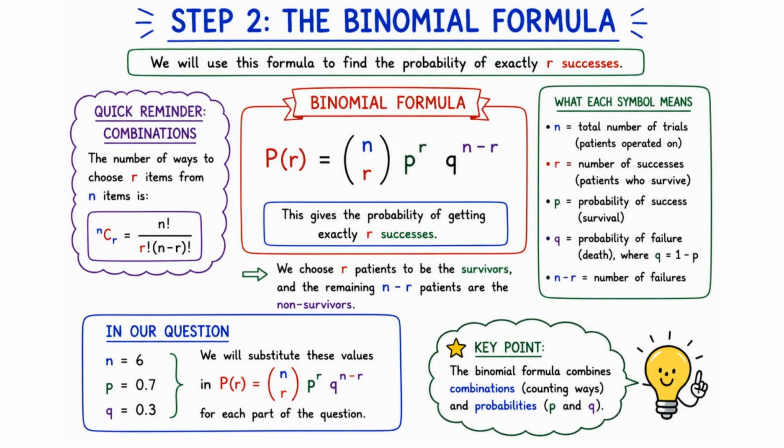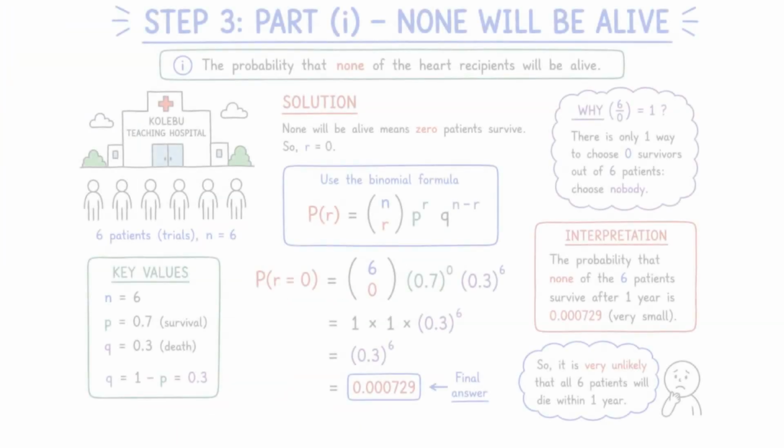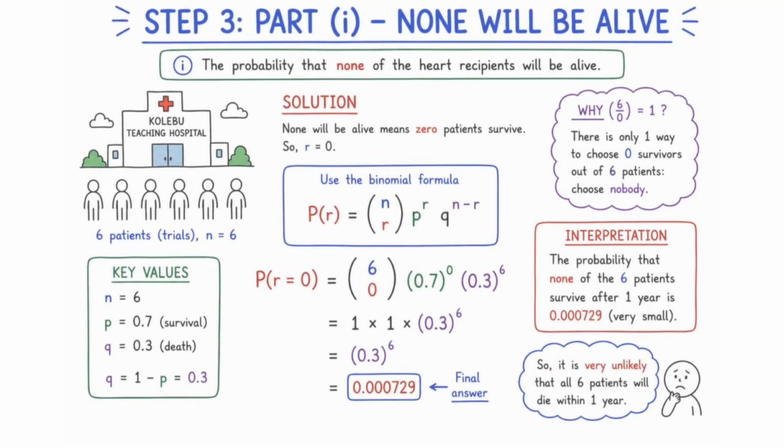Now, our first question asks for the probability that none of the 6 patients will be alive after 1 year. If none survive, then the number of successes is 0. Therefore, R equals 0. Now, substitute the values into the formula.